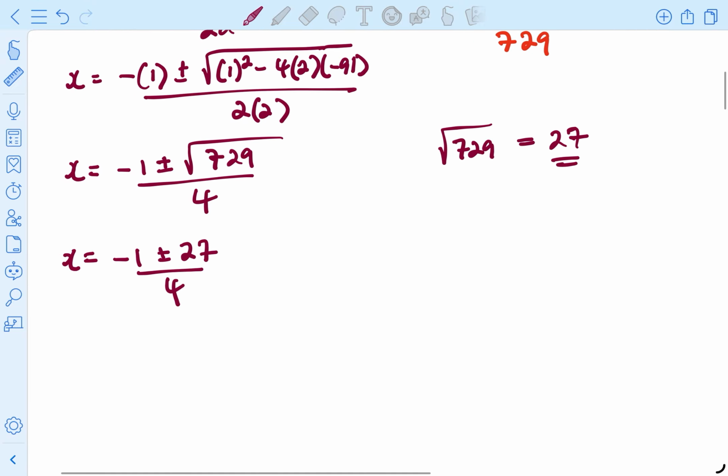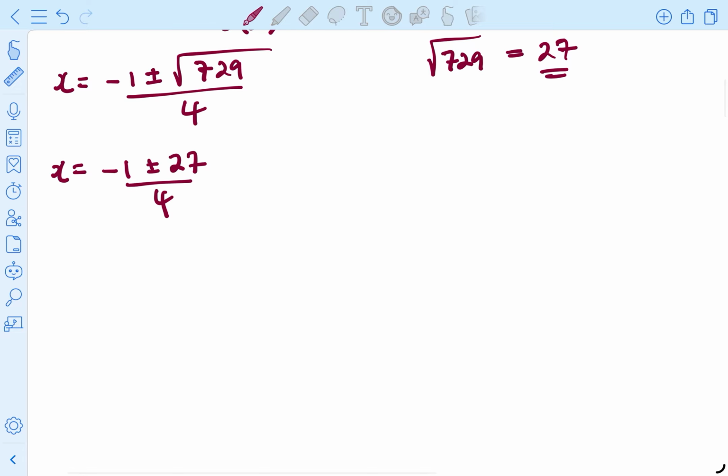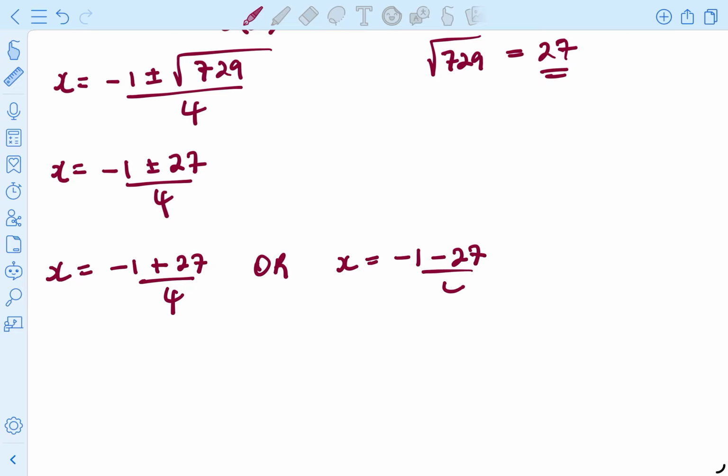Now, what I want to explain is this plus or minus thing. Remember that one of the possible solutions to a quadratic equation is two real solutions. That's where the plus or minus comes in. The plus or minus represents the fact that we will have two solutions. So we will say here, x is equal to negative 1 plus 27 over 4, and x is equal to negative 1 minus 27 over 4.